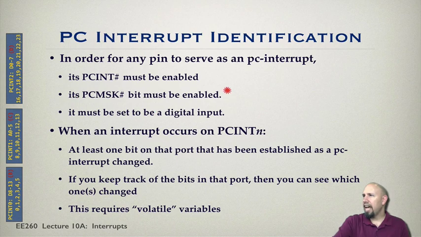Then I need to set the mask bit associated with PCInt12. It must also be set to be a digital input. If it was set to be an analog output or an output, then it will not serve as an interrupt.